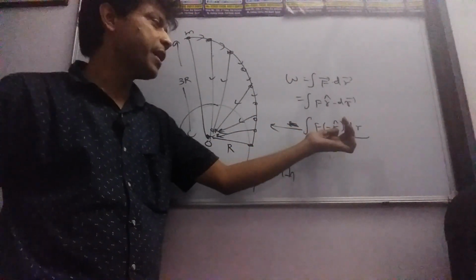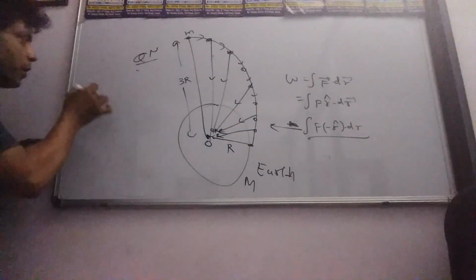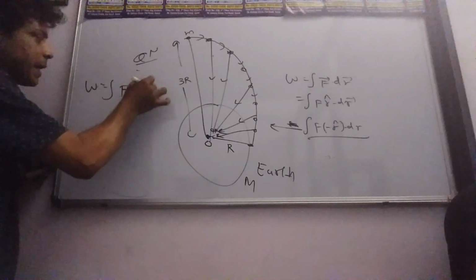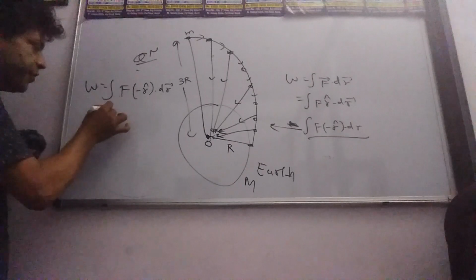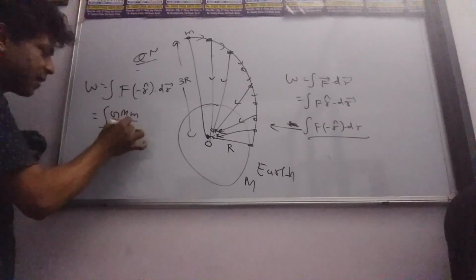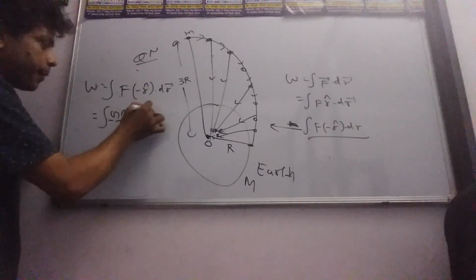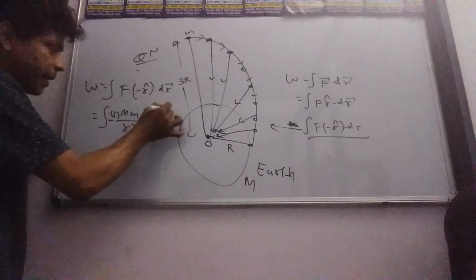I suppose it is F·r cap dr because it is oriented towards the center. So W is equal to the integration of F·r cap dr, which is equal to GMm by r square, with a minus sign, r vector, r by mod of r, dot dr, all right.